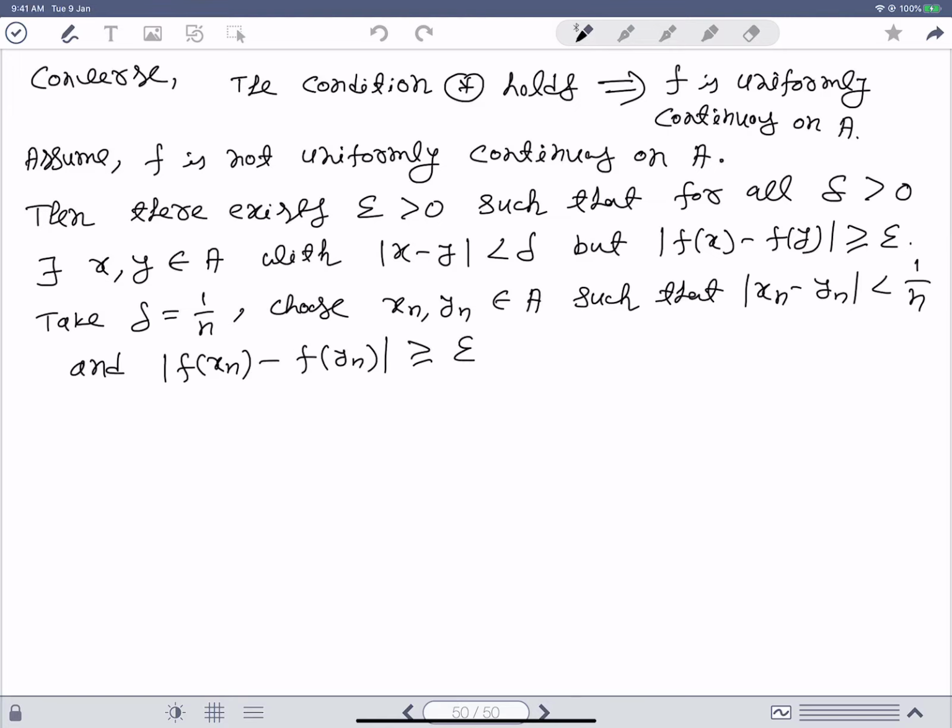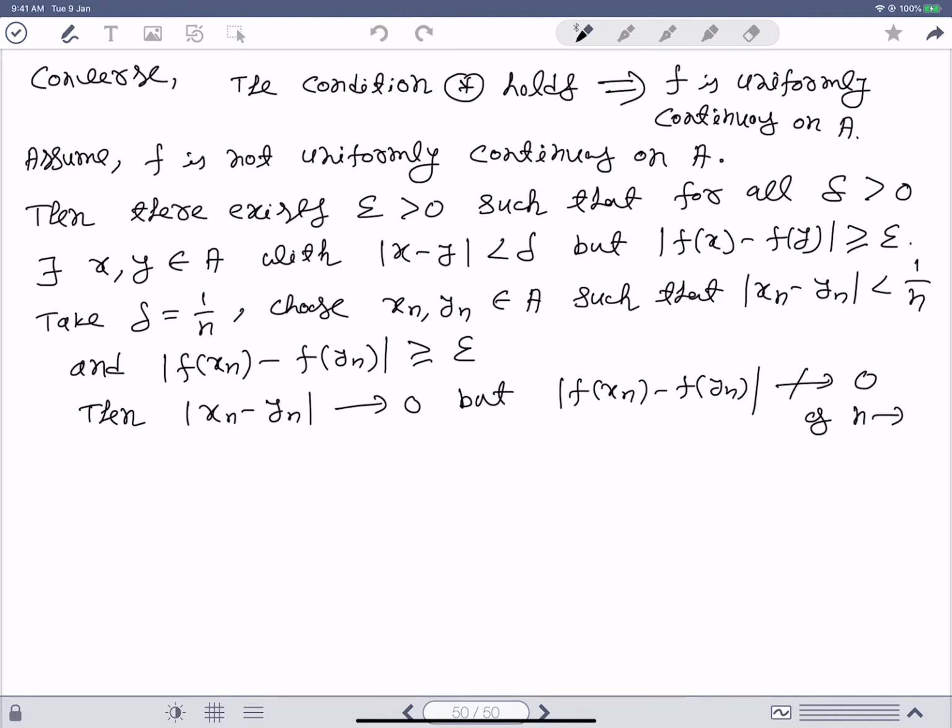Since for each delta we have this, therefore we choose two numbers xn, yn such that mod of xn minus yn is less than 1 by n, but mod of f of xn minus f of yn is greater than or equal to epsilon. Now you can check that xn minus yn converges to 0, but mod of f of xn minus f of yn does not converge to 0 as n tends to infinity.